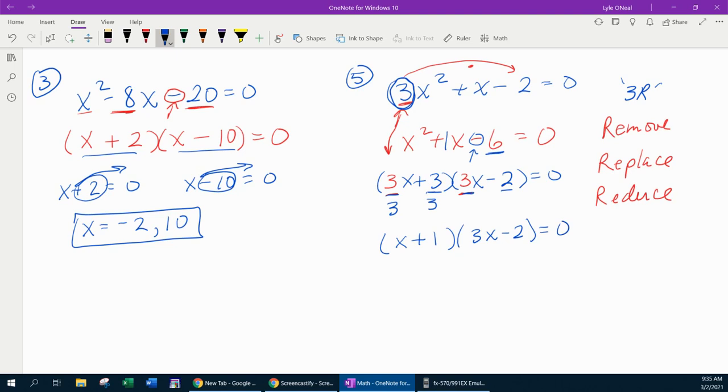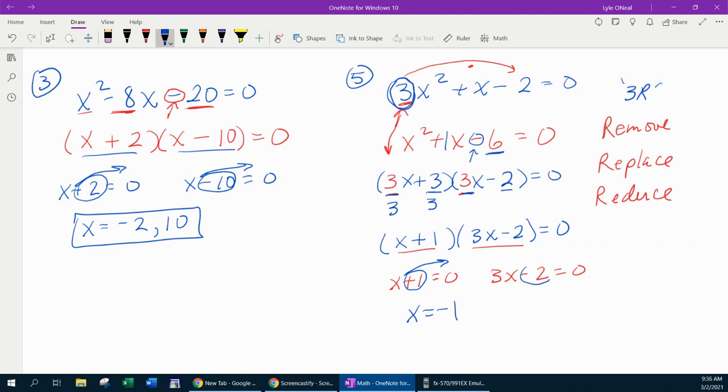That is factored correctly. At this point, we can set each factor equal to 0 and solve. X plus 1 equals 0. 3x minus 2 equals 0. And then the first factor is super easy. X is negative 1.